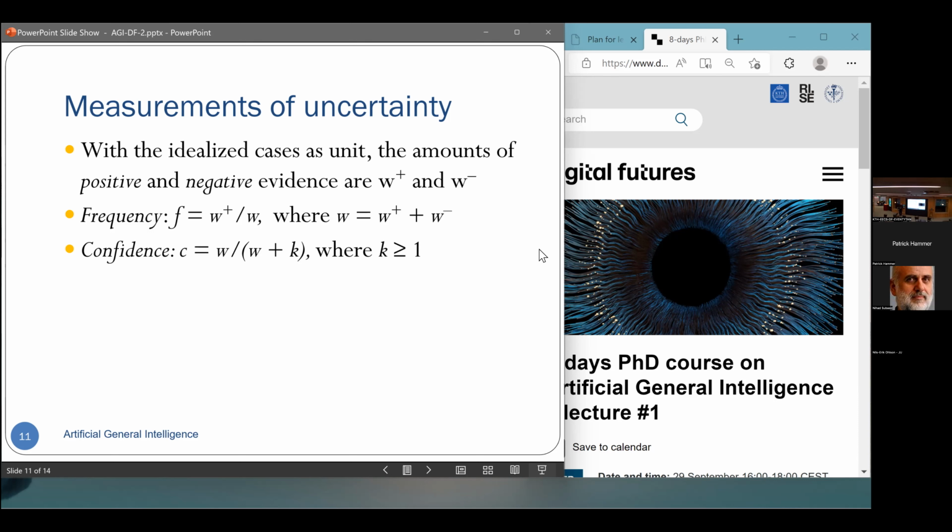What we call confidence is not the same as the so-called confidence interval in statistics, even though it captures a similar intuition. Okay, you see, first the frequency. Some people may say, oh, this is just probability. No, it's not. Probability is the limit of this ratio, right? And here, limit means what?